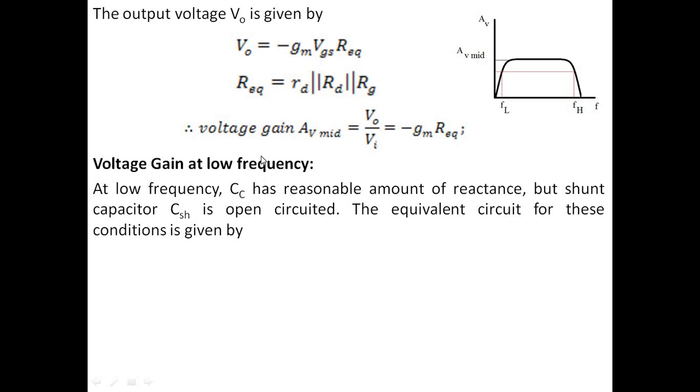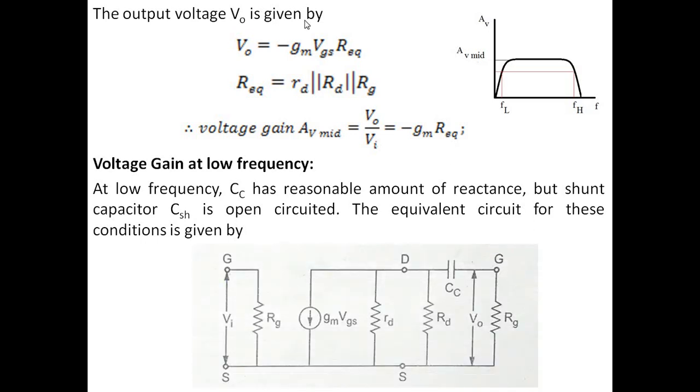As a result, you can make it open circuited. Now redraw the circuit, placing CC and making the shunt capacitance open circuited.